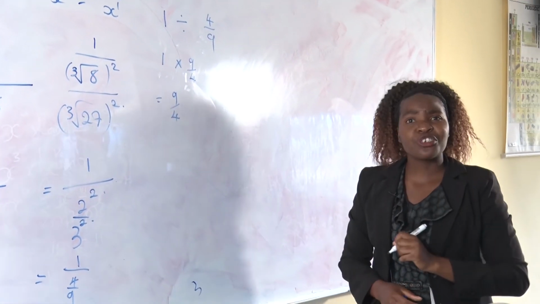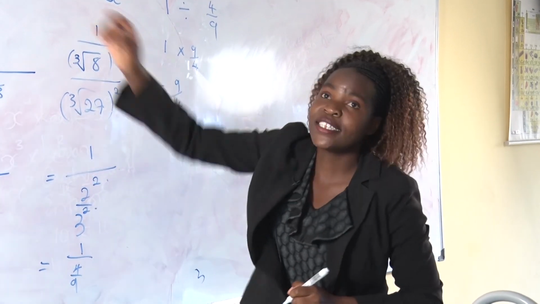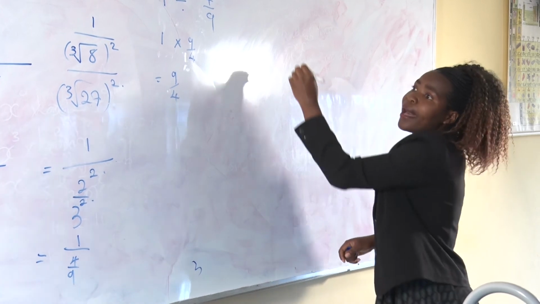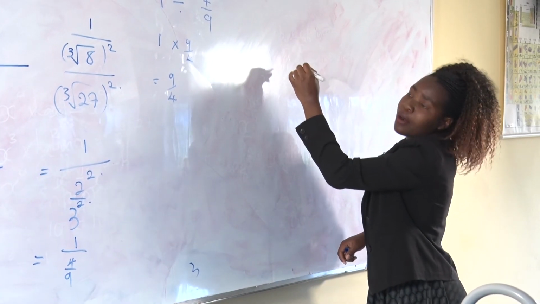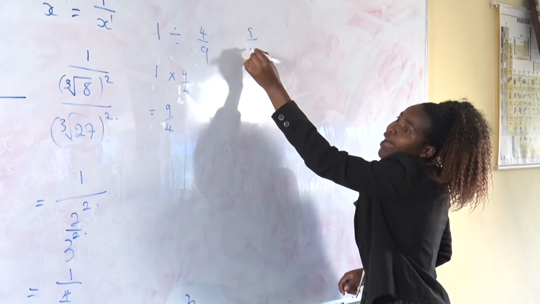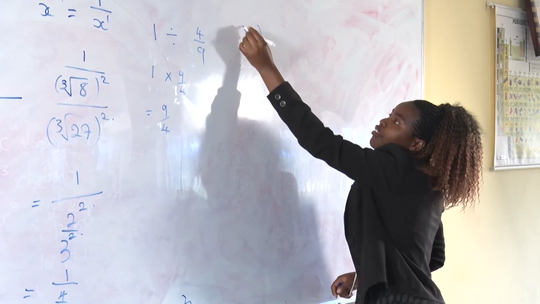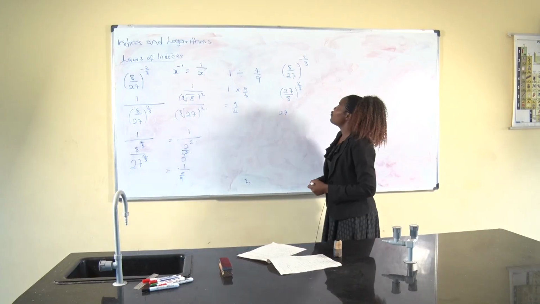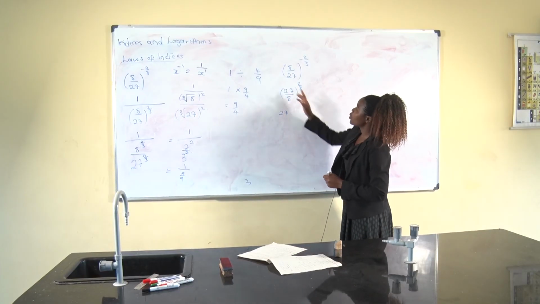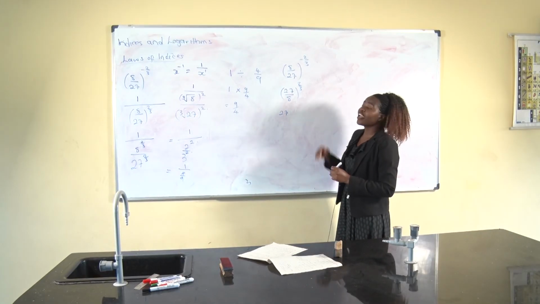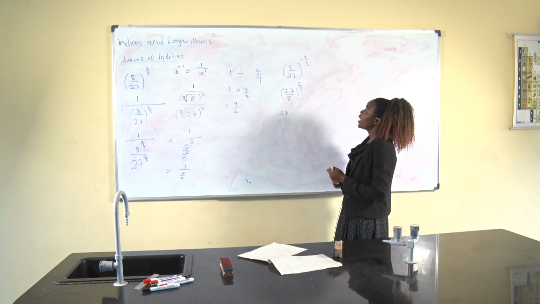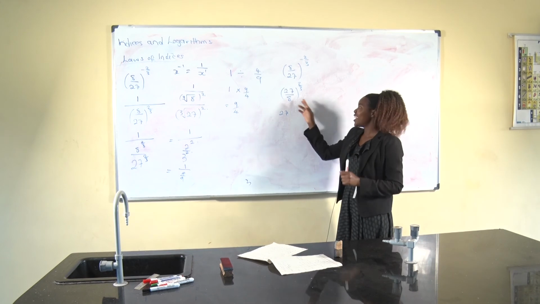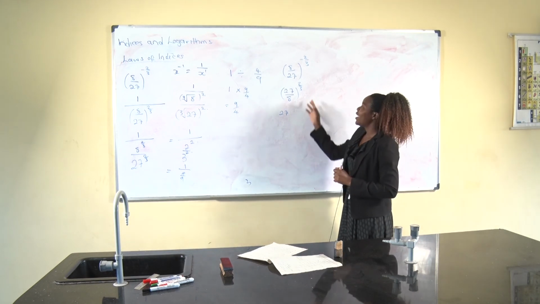But there is also a shorter way to simplify this kind of expression. Remember, our question was 8 over 27 being raised to the power negative 2/3. If we have a number like 27 over 8 being raised to a fraction like 2/3, here 27 is being affected by our power, and 8 also is being affected by our power.